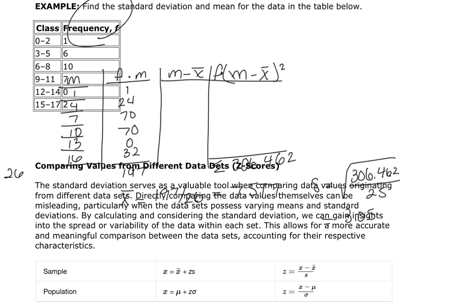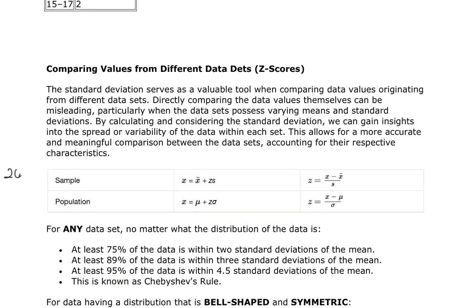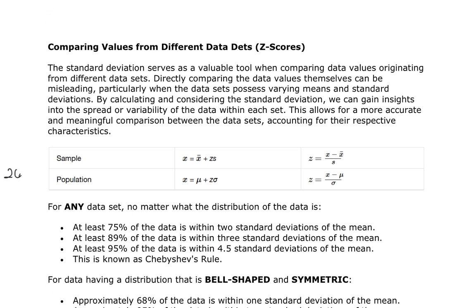Now, as promised, I said I was going to talk a little bit about z-scores. We're going to really talk about it in a later video, but I want to talk a little bit about the z-scores. Standard deviation gives us the ability to look at what's happening with different data sets.